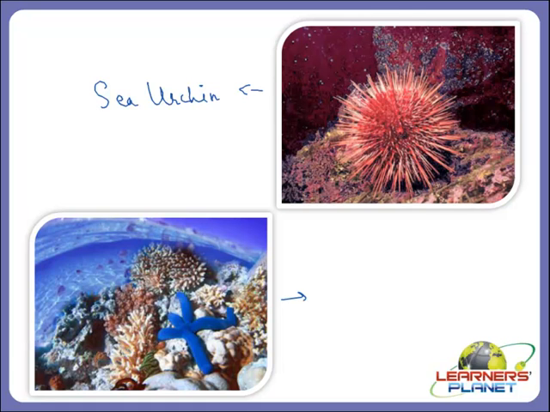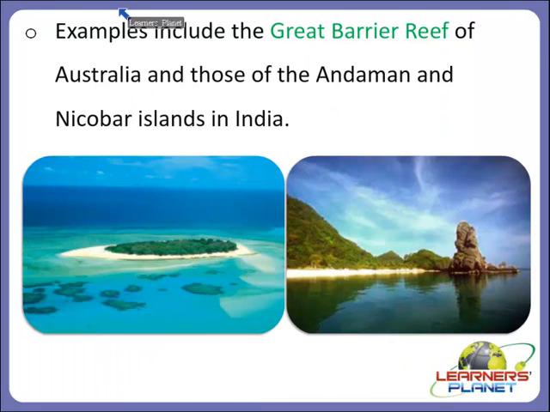Here is a picture of starfish. 1, 2, 3, 4, 5. This is starfish, pentagonal shape. So there are these animals besides corals which are found in the coral reefs.